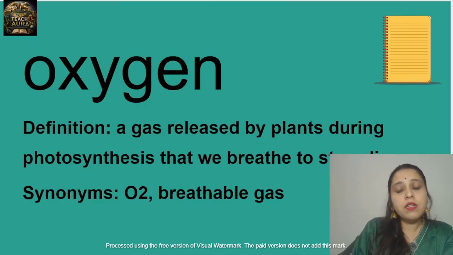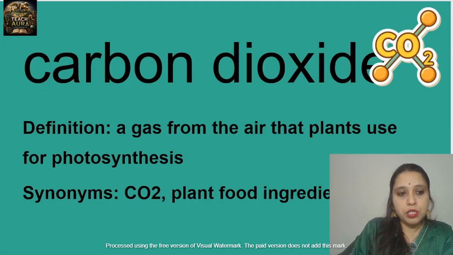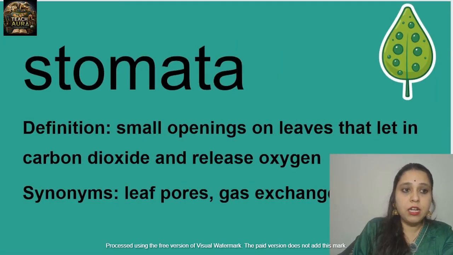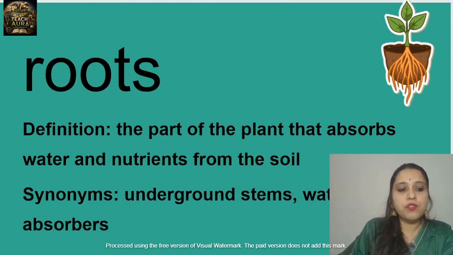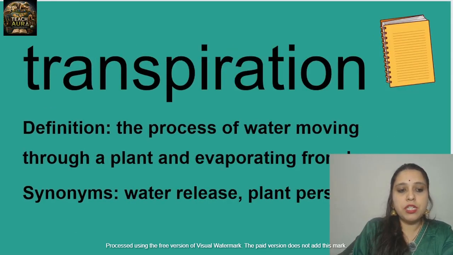Whenever you tend to get confused if there is no terminology or some other word is given, to help you out I have given the other words also. Like stomata: it is called a leaf pore and it helps in gas exchange, right? So like that I have given for all. You can see here for roots, for leaves, transpiration is there. So this is how you will write your answer.